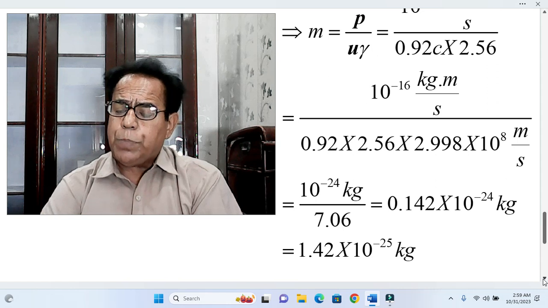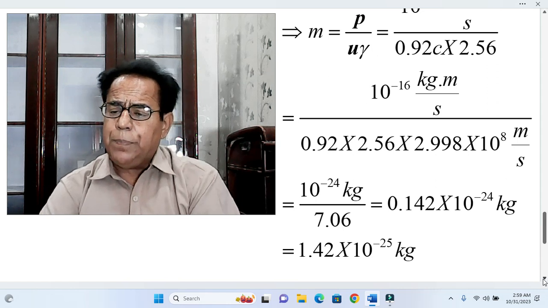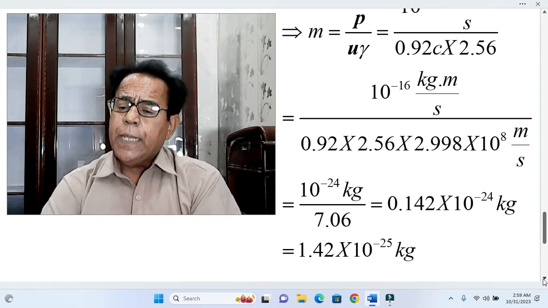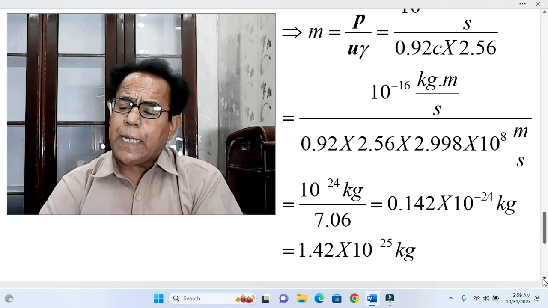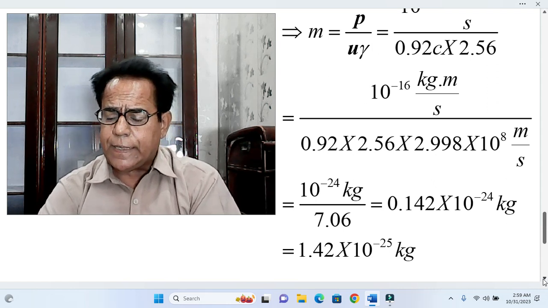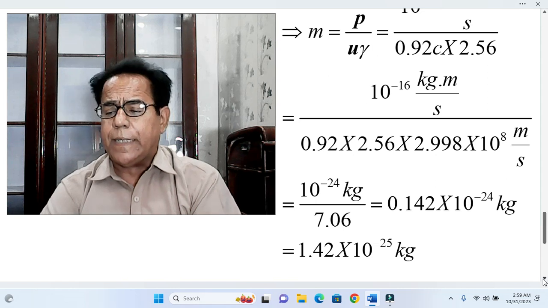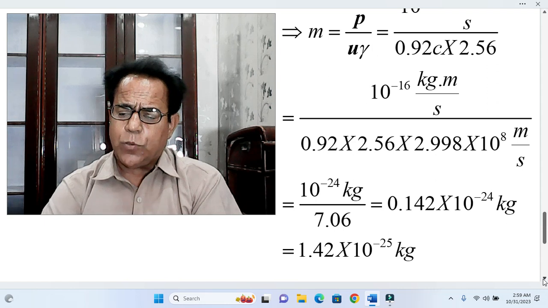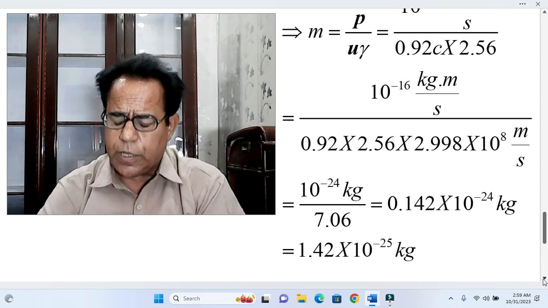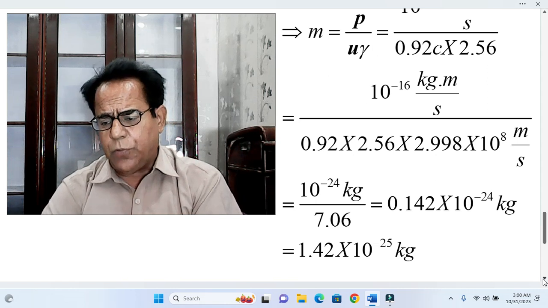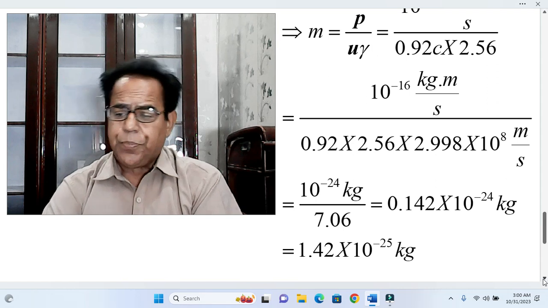Moreover, 10 raised to the power 8 in the denominator will shift to the numerator with reverse sign, as 10 raised to the power minus 8. Then 10 raised to the power minus 16 and 10 raised to the power minus 8 are added, so 10 raised to the power minus 24 appears in the numerator, and this becomes equal to 0.142 into 10 raised to the power minus 24 kilogram.